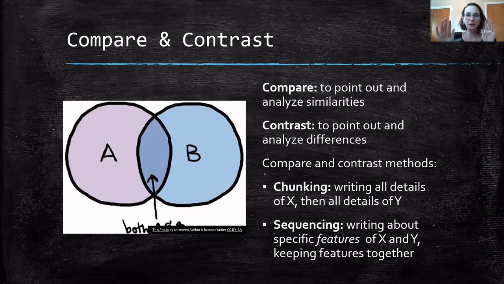Okay, so that's where you're going back and forth saying, this is the battery life here, the battery life there, the picture taking here, the picture taking there, the size of the memory on this phone and then this phone, which is different than the chunking where you're just saying, here's everything you need to know about one and then everything you need to know about the other.